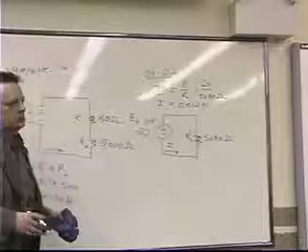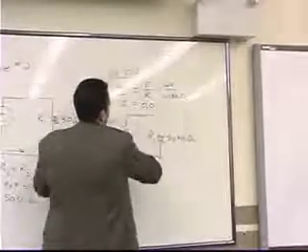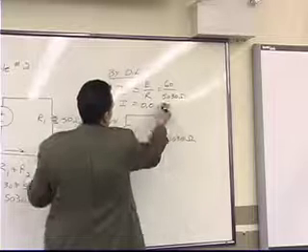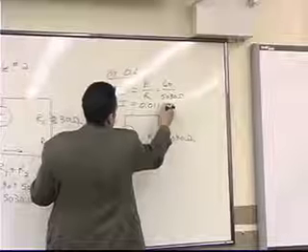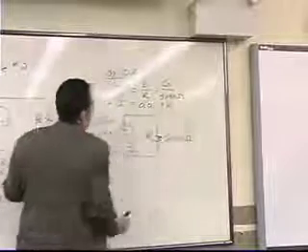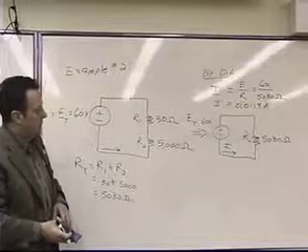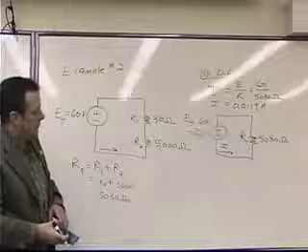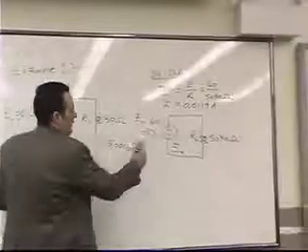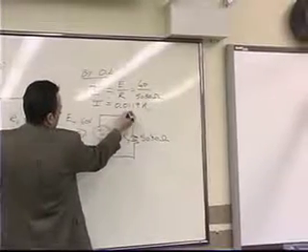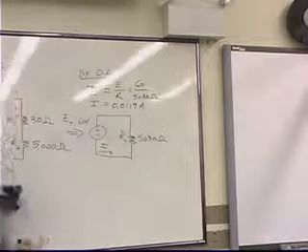Okay, well let's go ahead and take it out to one more digit. So it's 0.0119, or 11.9 milliamps. You see how that decimal, if you move it over 1, 2, 3 places, it'll be 11.9 milliamps.